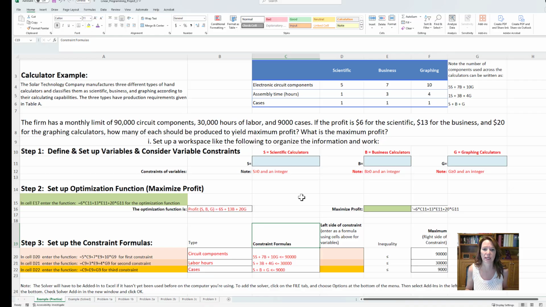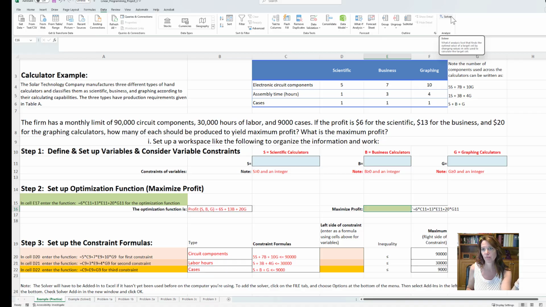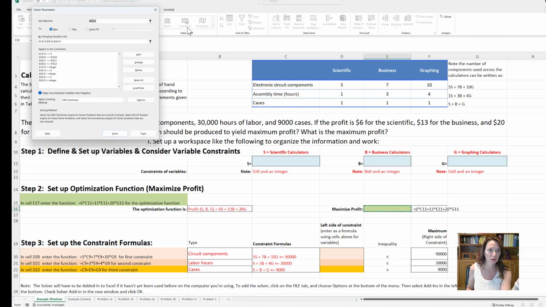Okay, once you've got those set up, once I've got my solver downloaded, I am going to use the solver to figure out how many of each calculator to produce in order to maximize my profit. So I like to go to my optimization function, which is my maximizing, and go to data and then hit the solver.